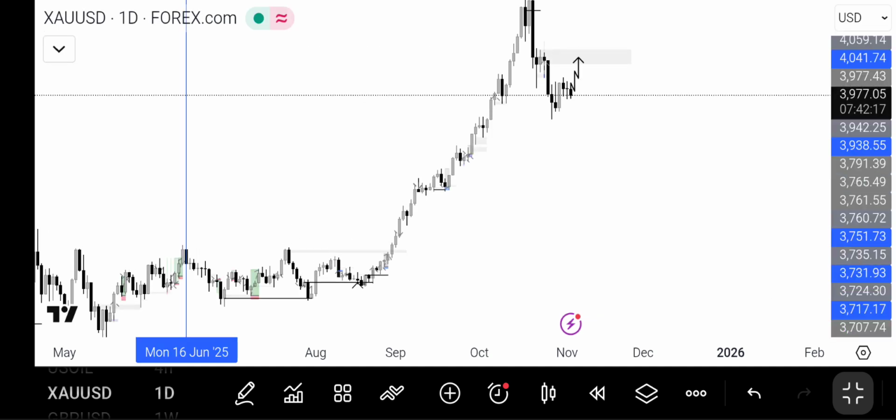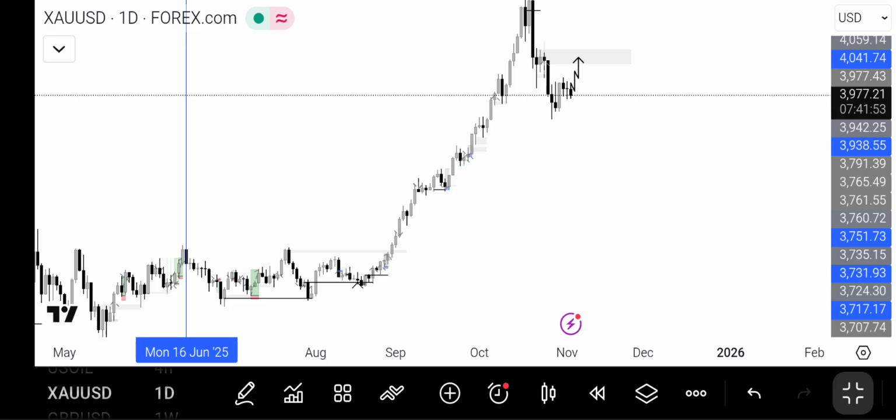You know, some pairs, their behaviors are not the same. GBP USD might be behaving this way, XAU USD might be behaving the other way. But that's why it is very important to backtest any pair before you take a trade on it. Backtest on different pairs and see how it behaves before you take a trade on it.